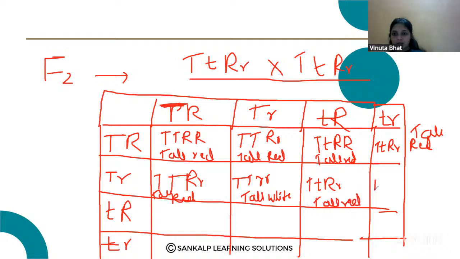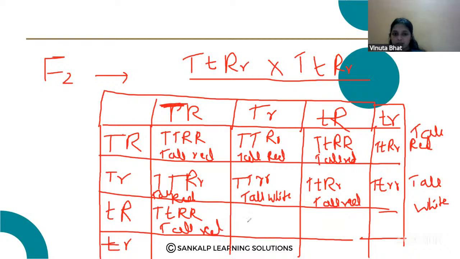Last one in this row, capital T, small t, small r, small r. So this is tall and here white color flowering plant. Tall but white color flower. Then capital T, small t, capital R, capital R. This is also a tall red plant.